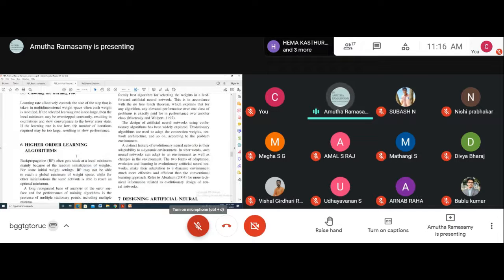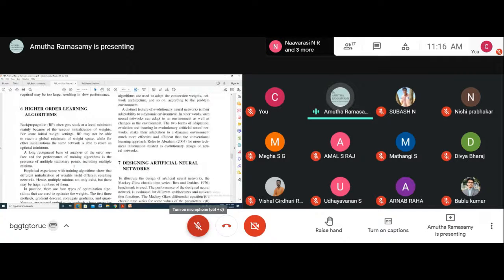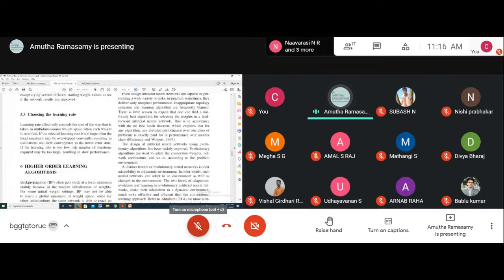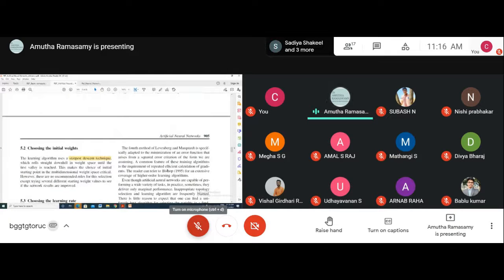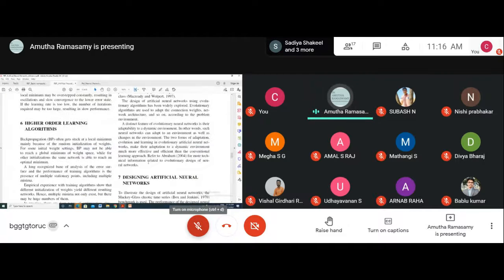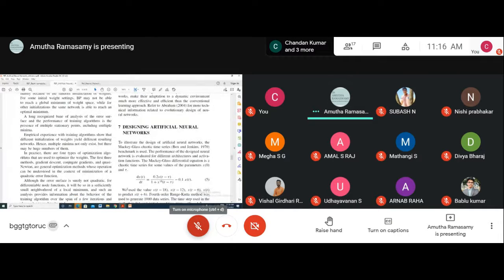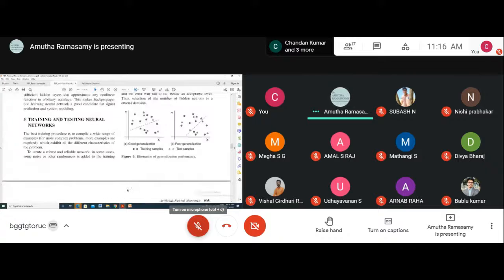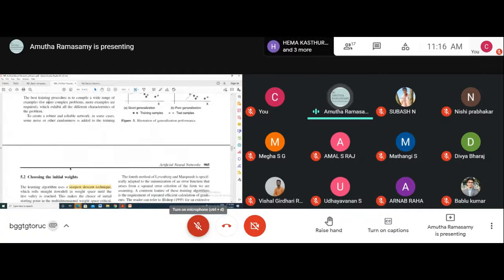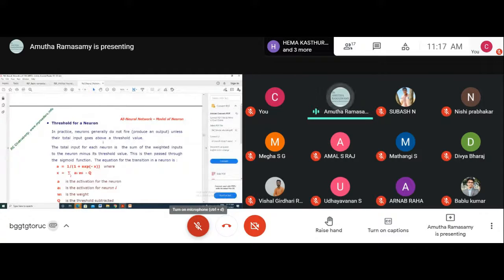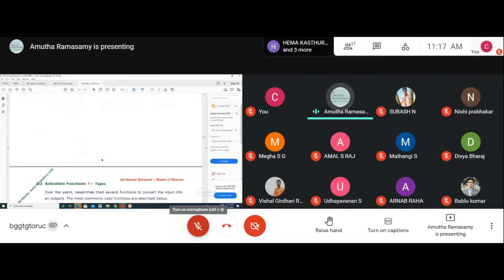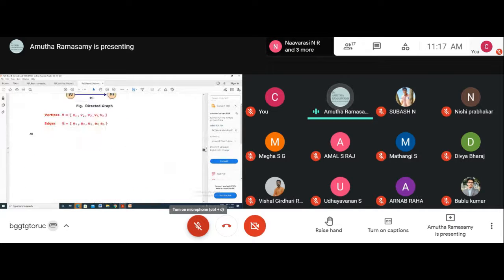Okay, so higher order learning algorithms, actually these are not important, because this is a very introductory one. This is not talking about any methodology. So I will finish with this, but you can also use this function for the fifth one.